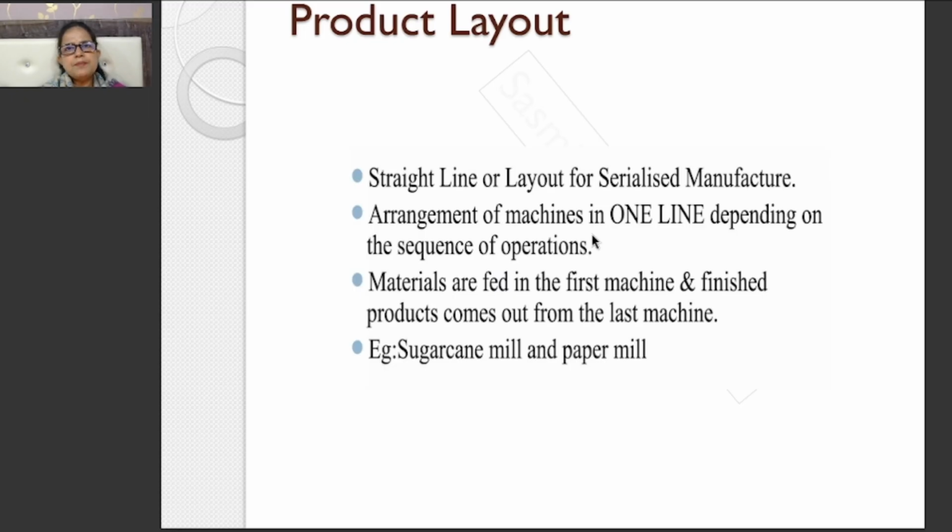So these are very specific products. All the machines are arranged in a line or in a sequence, and every machine is dependent on the other. If we are feeding the first machine the sugarcane, then we are getting the sugar out of the last machine. So this is called the product layout. For a specific product, the layout is done.